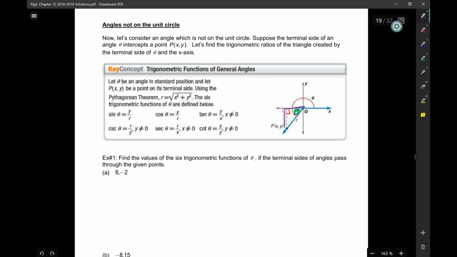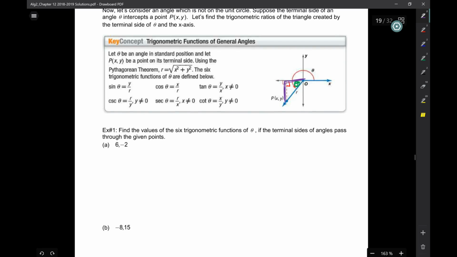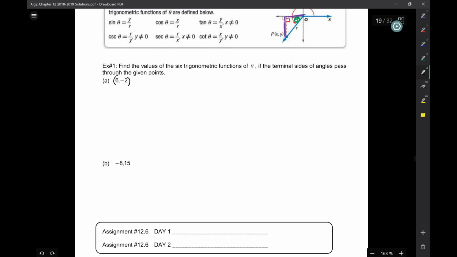So now here is what we do if it's a random angle not on the unit circle. For example, you have a point at (6, negative 2). Do you guys have parentheses in yours? Okay, good. Let's draw this.